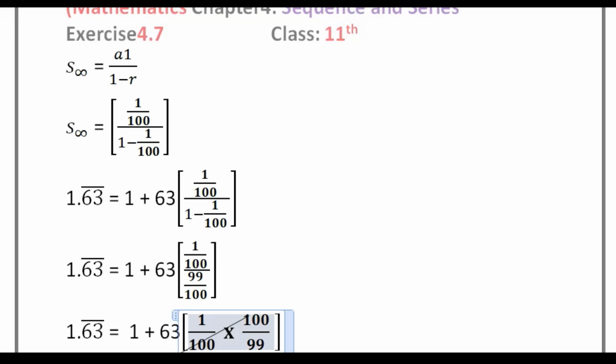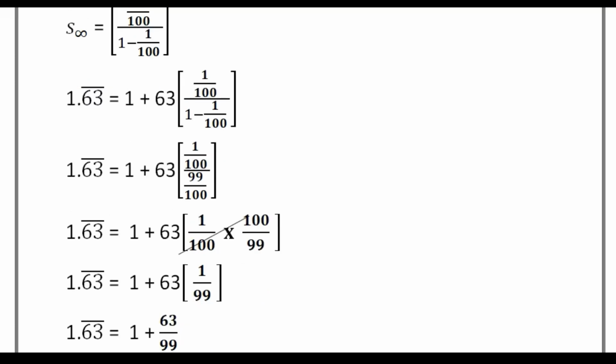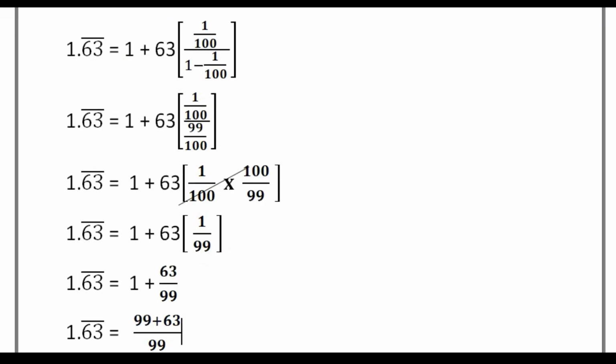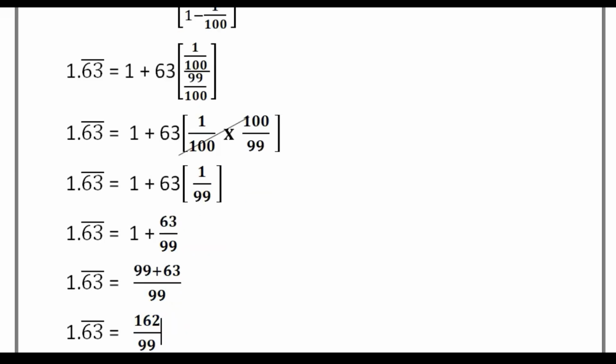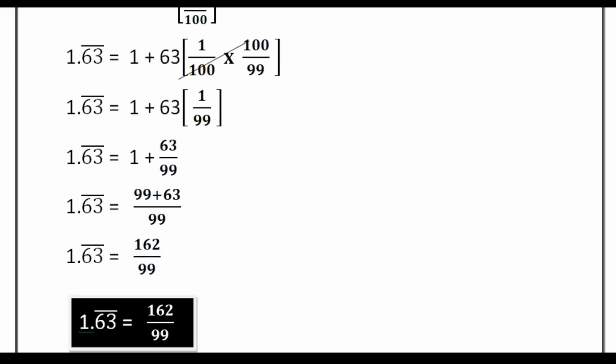So 1 plus 63 into 1 divided by 99, so 63 divided by 99. Again taking the LCM, 99 plus 63 over 99, which is equal to 162 divided by 99, which is the required solution.